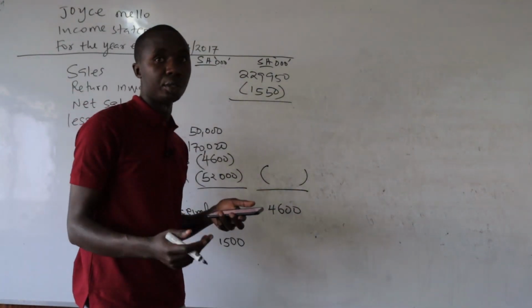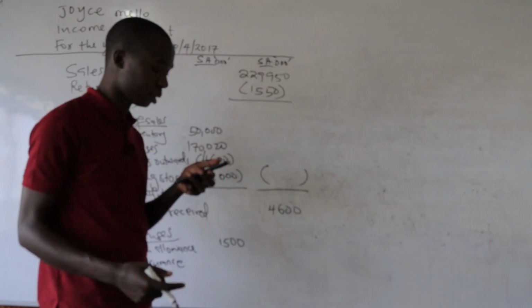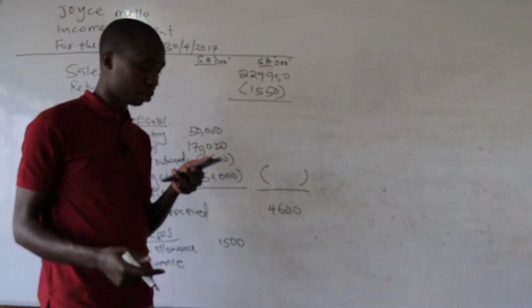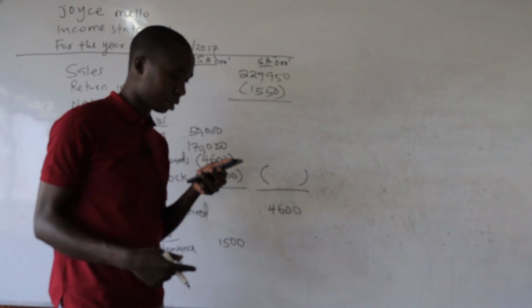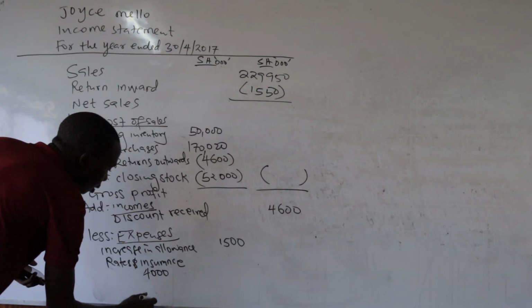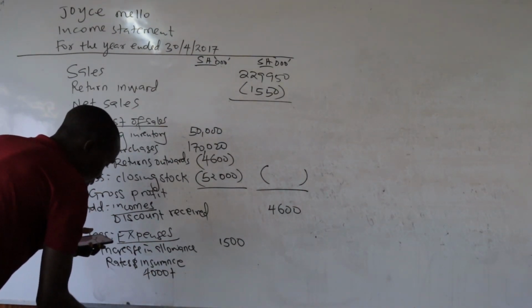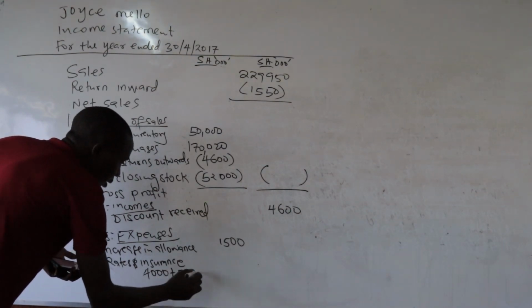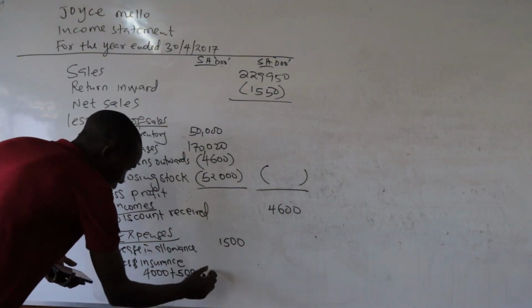There was rate which was due, that is outstanding, which needs to be added. Then note 6, there was insurance which was prepaid, which needs to be deducted. Remember that our relevant rates and insurance from the trial balance is 4,000. So we take 4,000. We add the rate which is outstanding. Then we minus the insurance, which is note 6, which is prepaid.